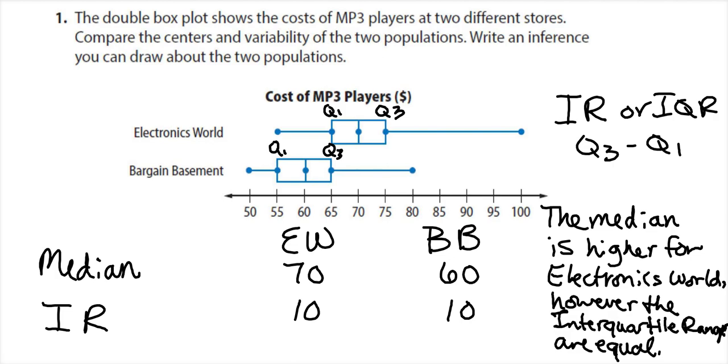I need either one really good complex or compound sentence with a conjunction in there, or you need to write out two separate ones. You could even be more specific. You could say literally that the median is $10 higher in electronics world. The interquartile range is equal. You can make it two short sentences, or you need to make it one long good sentence.